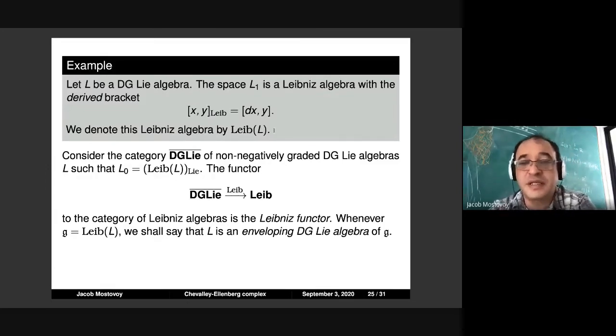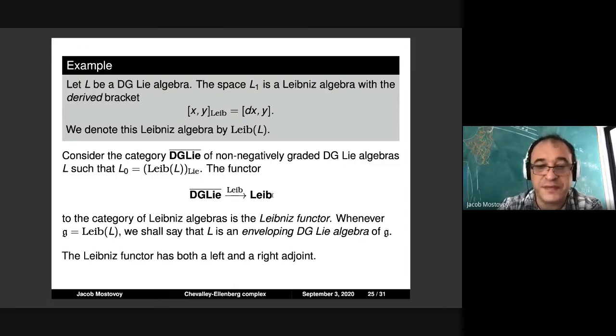So let us consider the DG Lie algebras which start with a Leibniz quotient. In degree 1 you have a Leibniz algebra. In degree 0 you have its universal Lie quotient. Then this functor that sends a differential graded Lie algebra into a Leibniz algebra has both right and left adjoints.